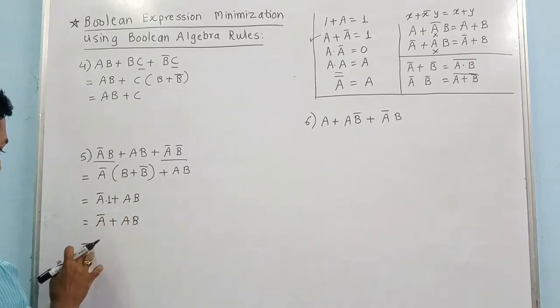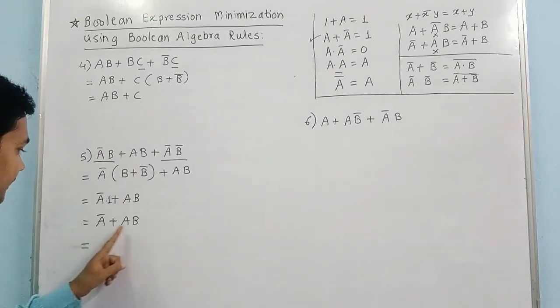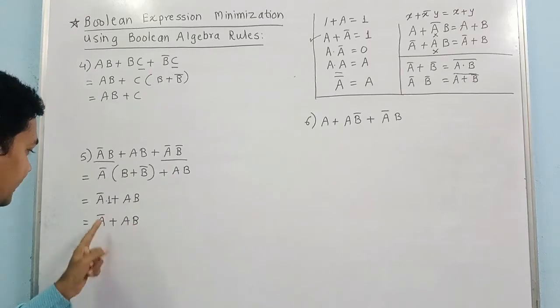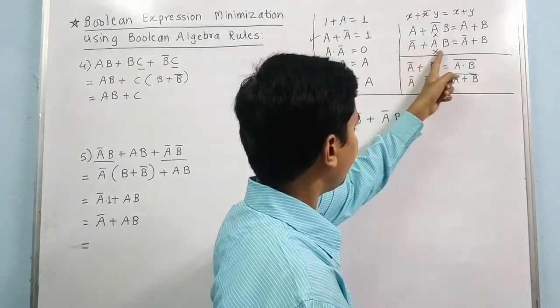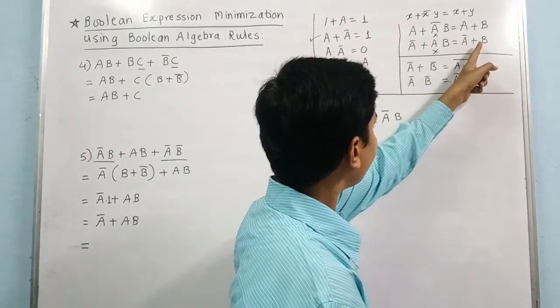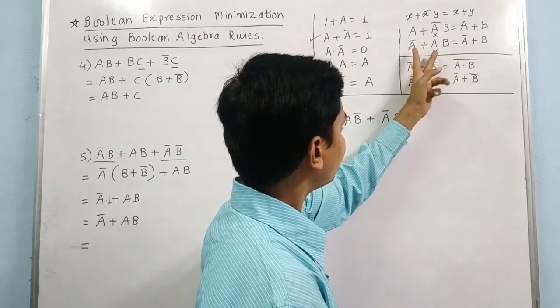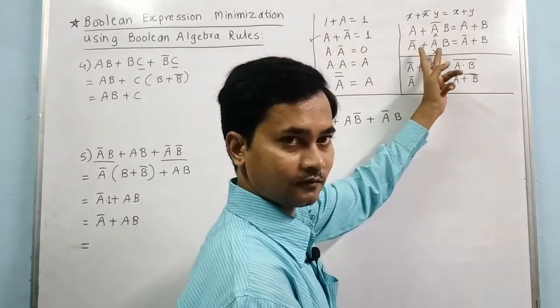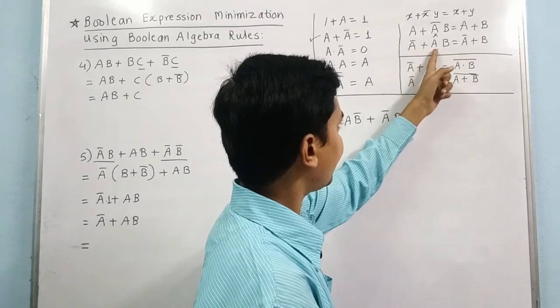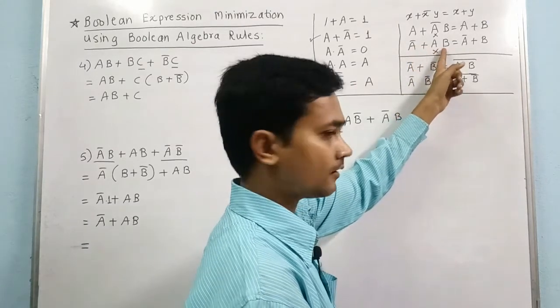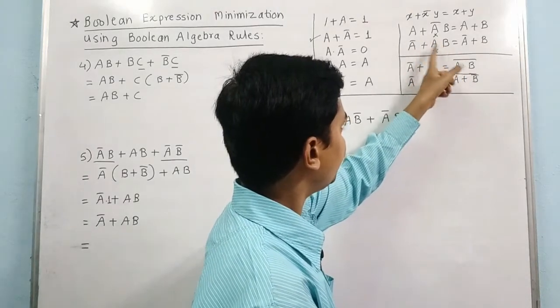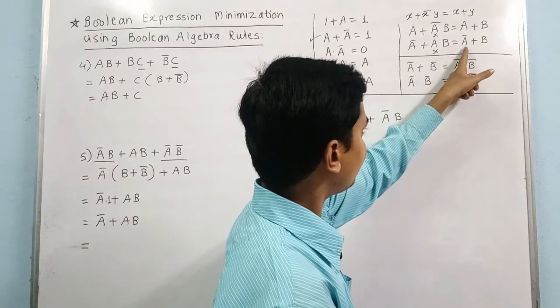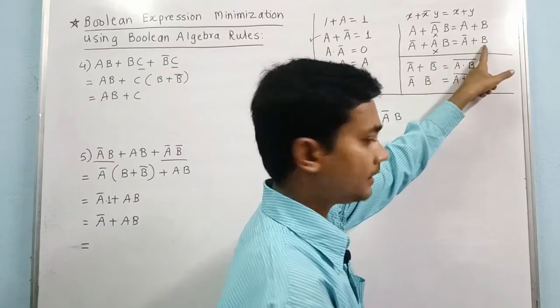Now this expression can further be minimized. Here a bar plus ab can be minimized as a bar plus b, because the rule says a bar plus ab is equal to a bar plus b. That means if you have complementary variables as the two terms, so a bar and a are the complementary terms, and the second variable is multiplied with any of these terms, then the expression will be the original single variable plus that multiplied variable.